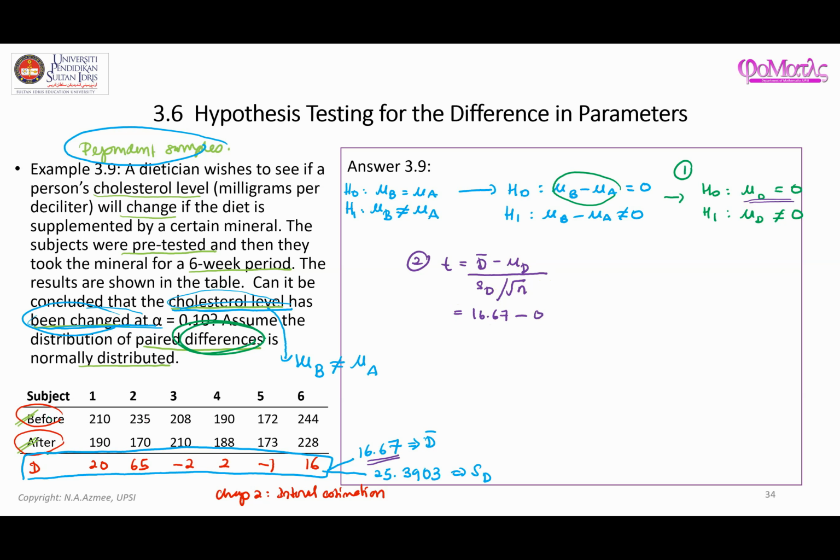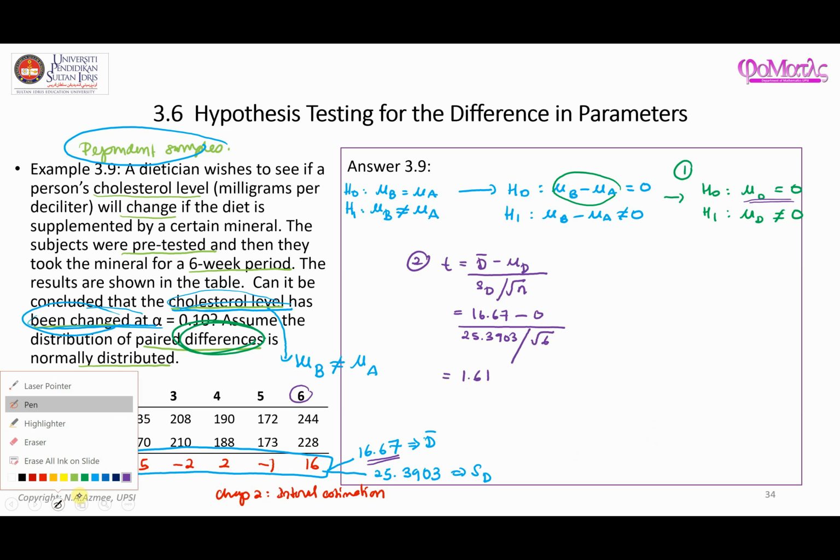So mu d is going to be 0 over the standard deviation, which is 25.3903, over square root of n, where n is 6, so there are 6 subjects altogether. Based on this you'll be able to get that the test statistic value is 1.61.